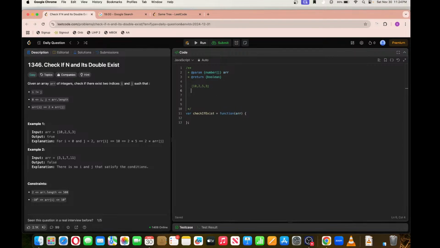Okay, so how can I do this? How do I know if a double exists here or not? I don't know. I cannot think of any solution other than creating a hash map.